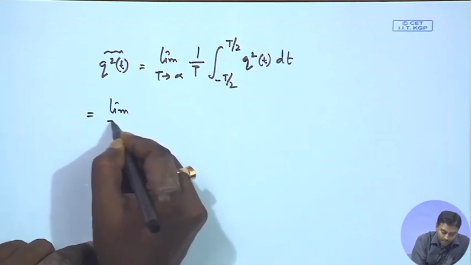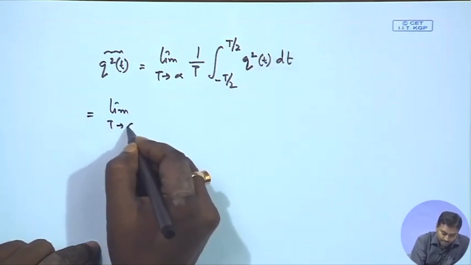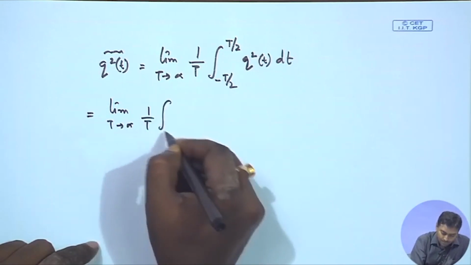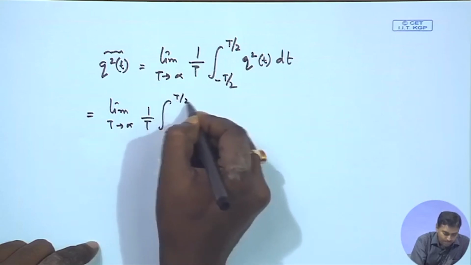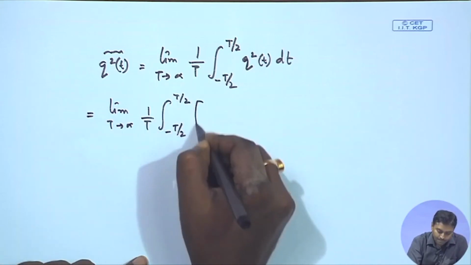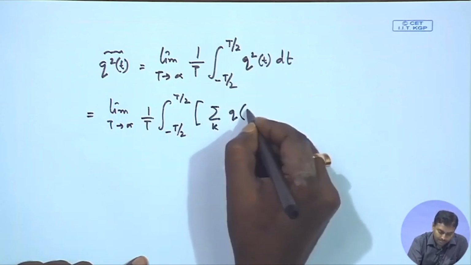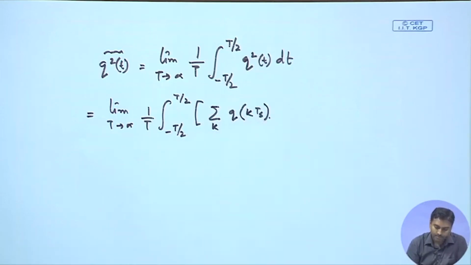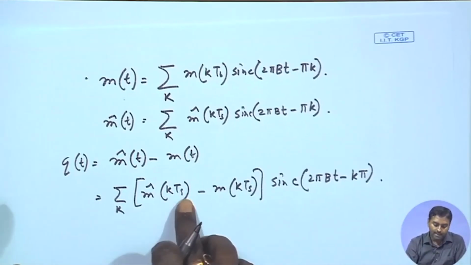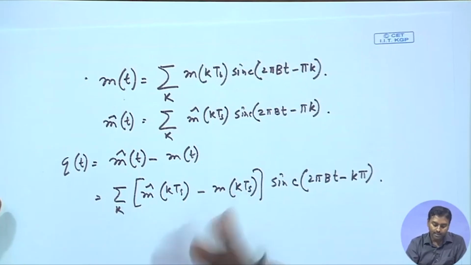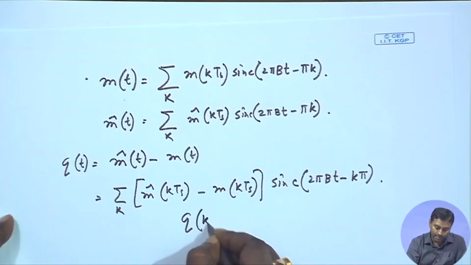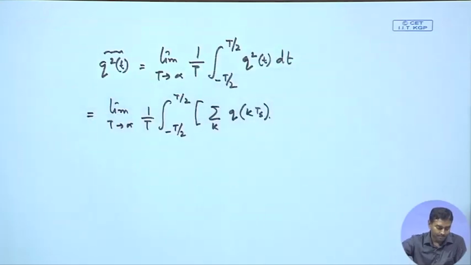So, if I now put the formula of q(t), this was summation over k of q(kTs), okay, where m hat (kTs) minus m(kTs) we are terming as q(kTs).